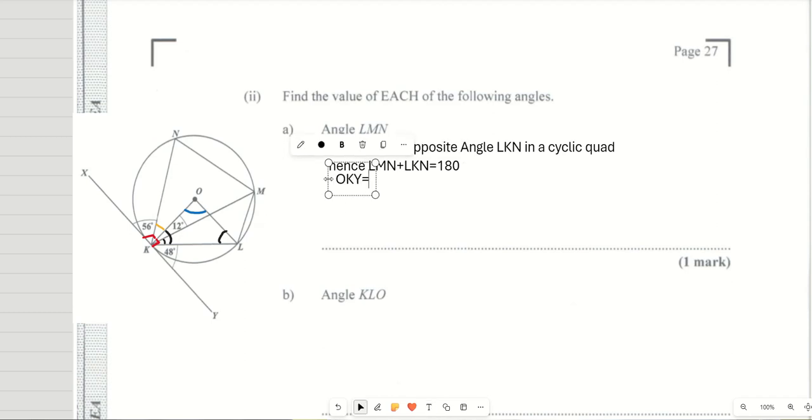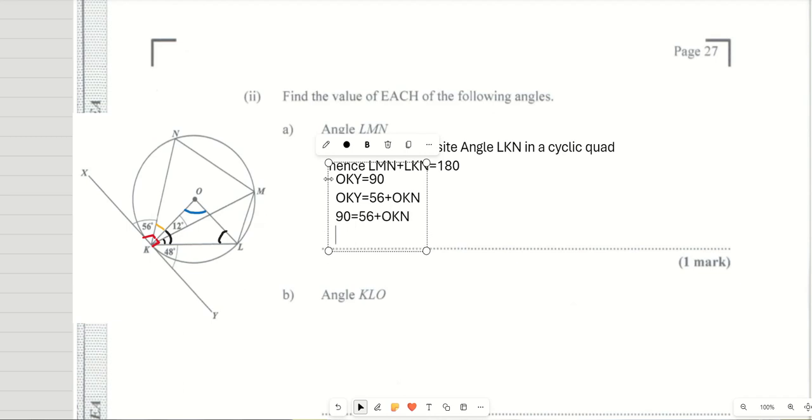OKY is 90 degrees, right? Because we have found out that, we can say that OKY is equal to 56 plus OKN. Alright, so we'll put in the values. We have 90 is equal to 56 plus OKN.